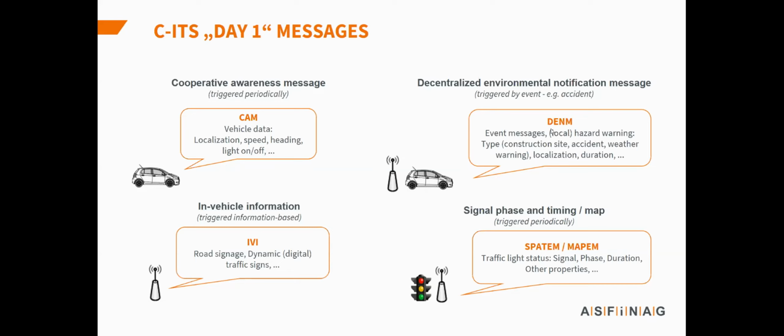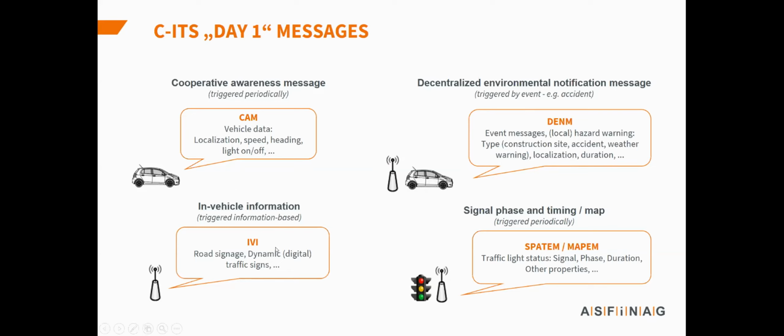The accident example before would be a DENM, but also, for example, roadworks, adverse weather conditions, or if there's an object on the road, something like this would be the DENM message.